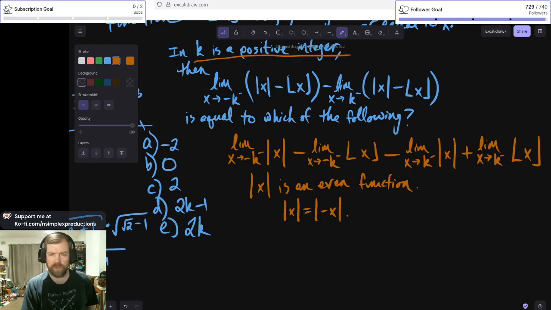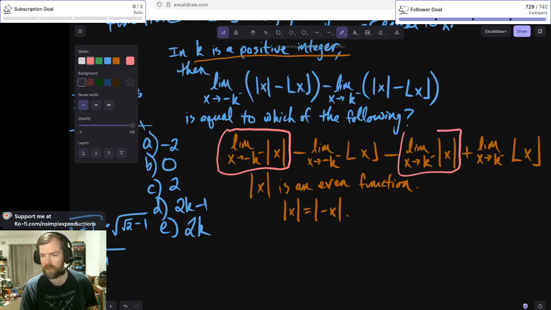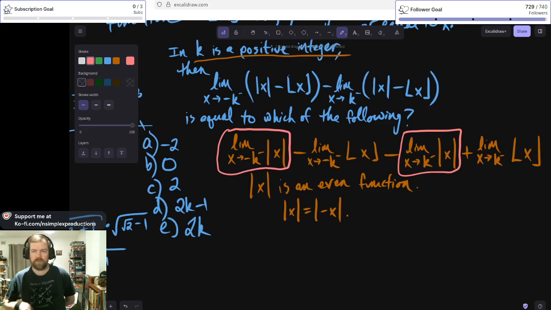So with this, we have the limit as x goes to -k from the negative direction of absolute value of x, and the limit as x goes to k from the negative direction of absolute value of x.